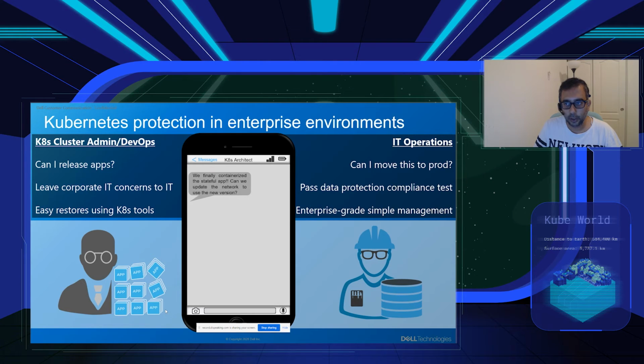On the other hand, the IT ops is a little more risk averse, because they have to maintain these applications and make sure that they are ready to be moved to production, and they pass the compliance test.